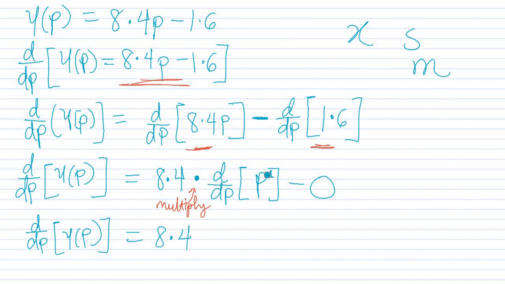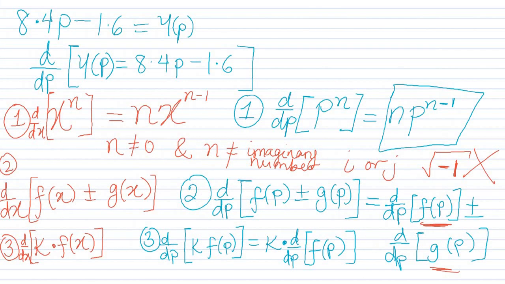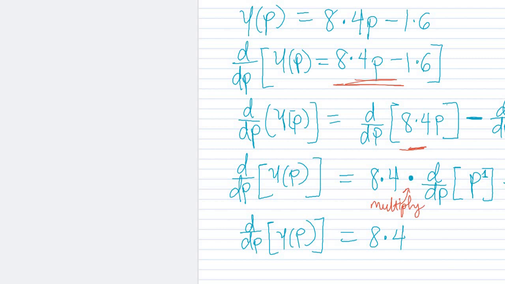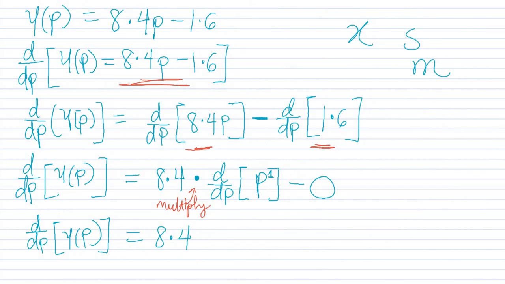And how do you differentiate that? Remember the power rule. We're going to drop down the power and decrease that power by 1. So this will become multiplied by 1 times p. Then you have that 1 here, 1 minus 1, and that is going to give you 0.